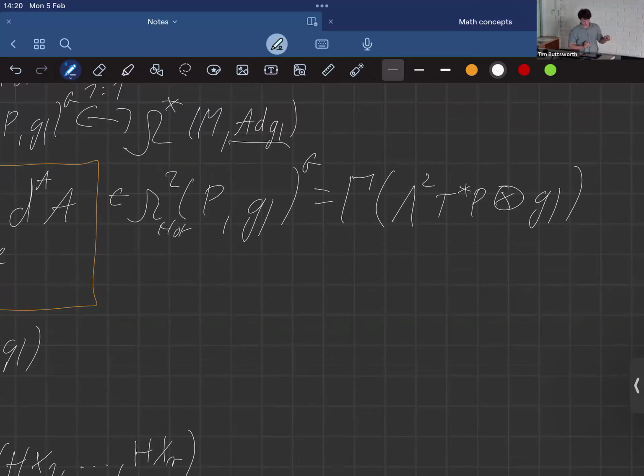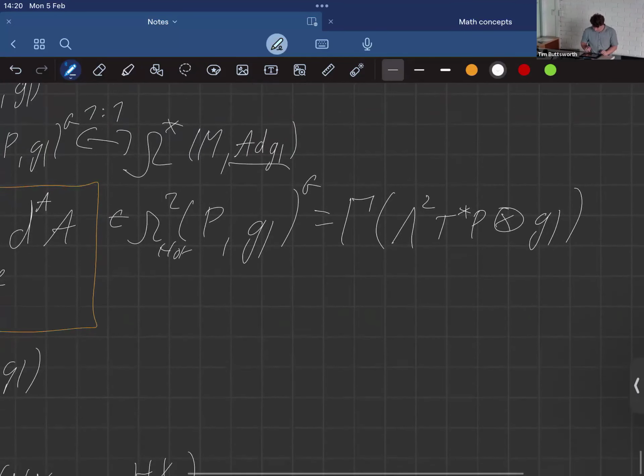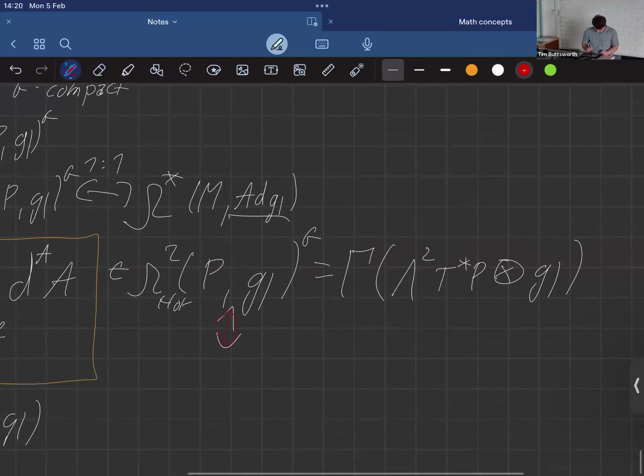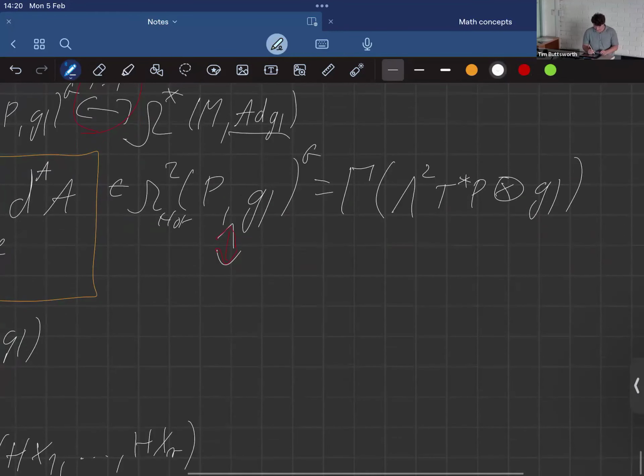Now we're going to use our correspondence, and we're going to get a two-form on the base manifold with values in the adjoint bundle.